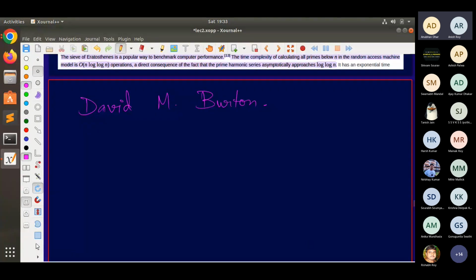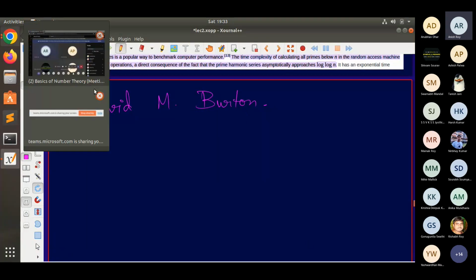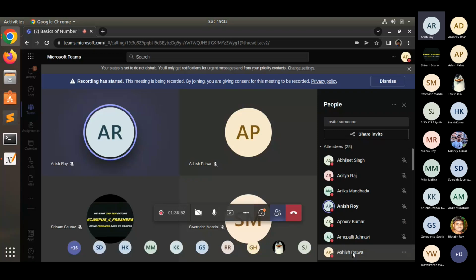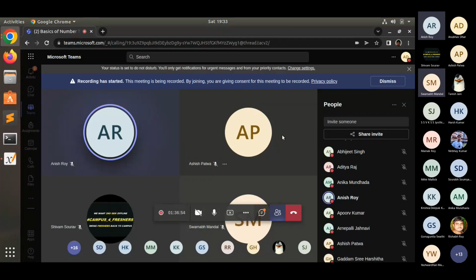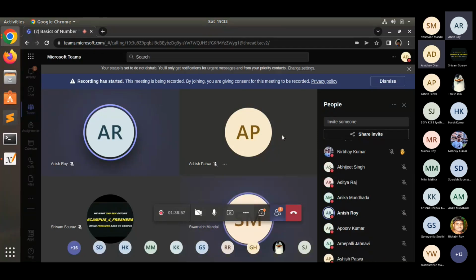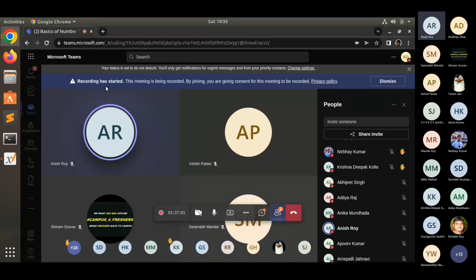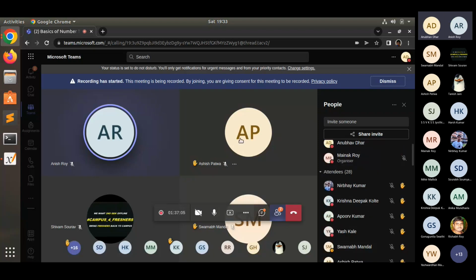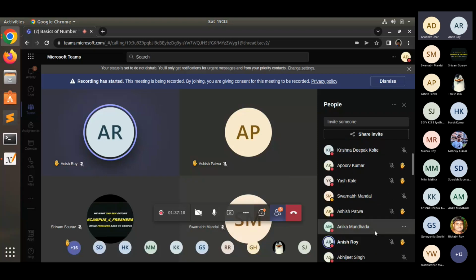So everyone over here knows about Codeforces, right? How many of you know about Codeforces? Can you raise your hands? Okay, so most of you know about Codeforces. So there is this platform called codeforces.com where you can find problems by topic.